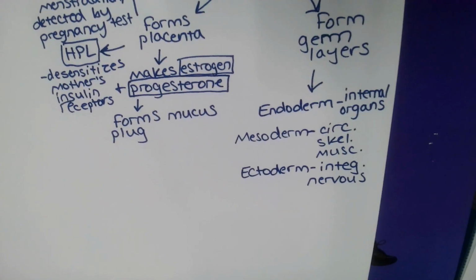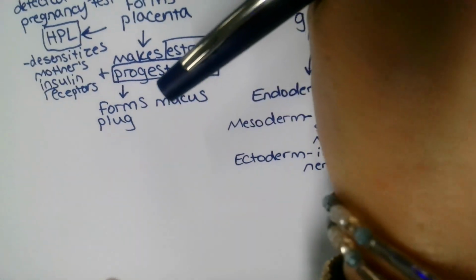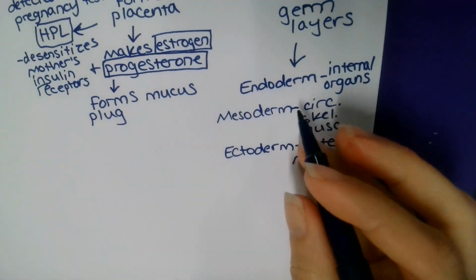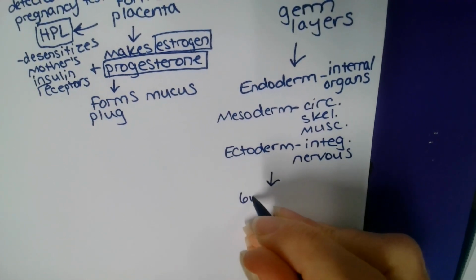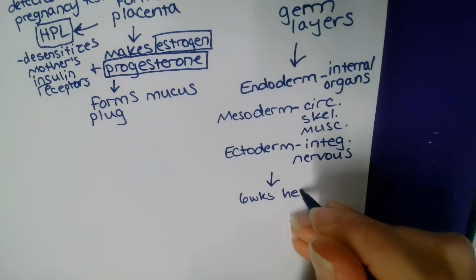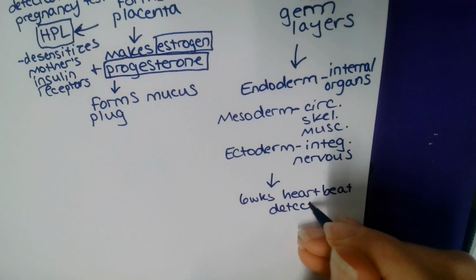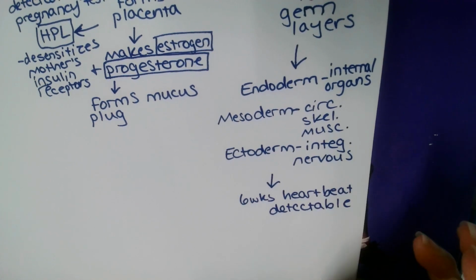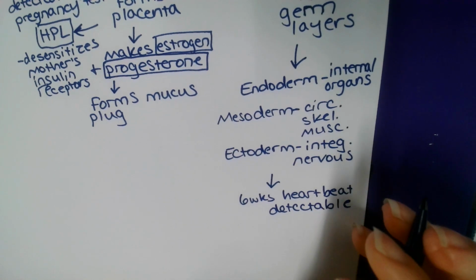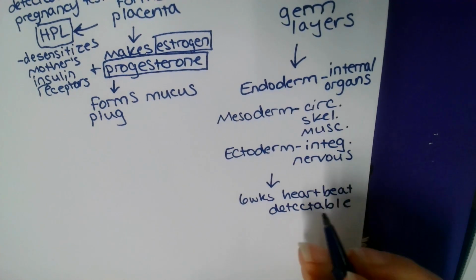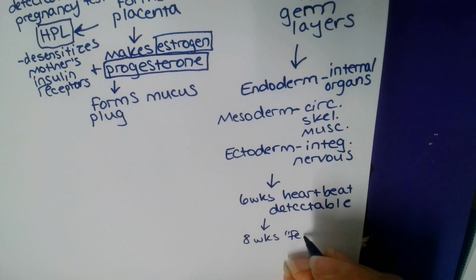All right, so all those things begin to divide and develop and specialize into the cells they're going to become. And as the baby grows at 6 weeks, the heartbeat is detected. The heart is not done forming, it's not complete, but those cells are beginning to have a heartbeat. At 8 weeks, it is considered a fetus.